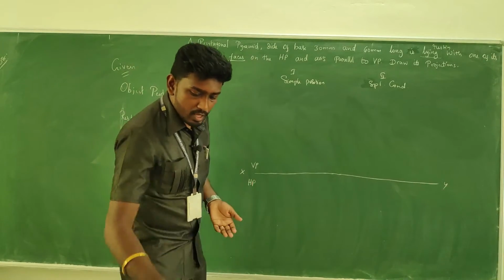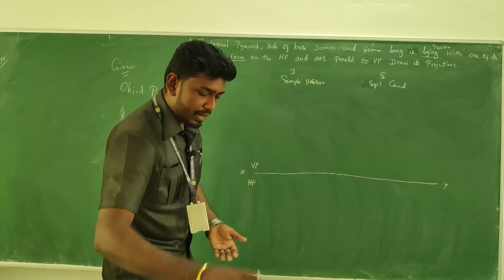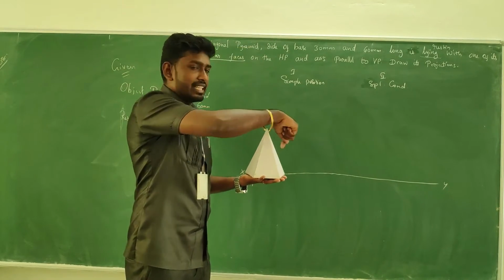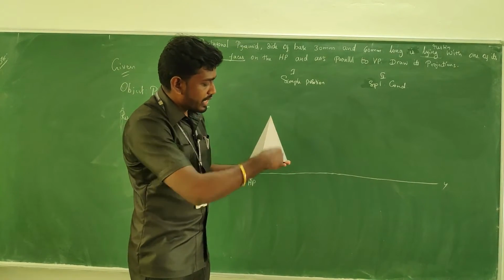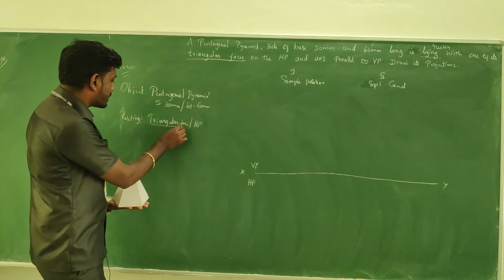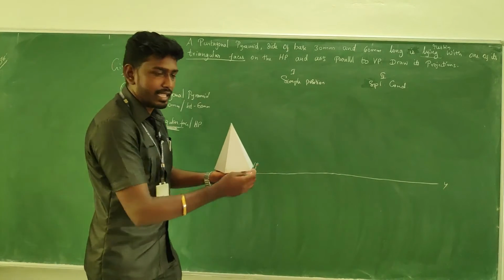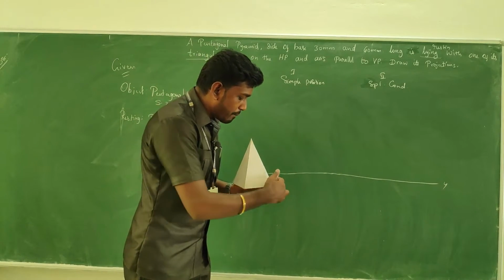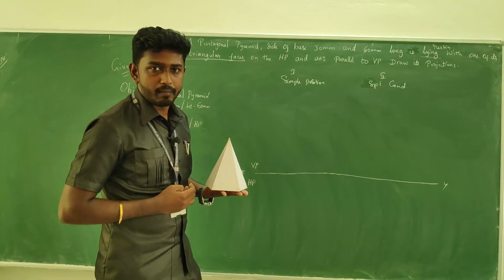Okay, fine. So when you keep it like this, in the top view we are able to see the true shape of the object. In the front view we are able to see the height of the object. Since the triangular face is lying, we need to keep one of the base edges at the right side as a condition.